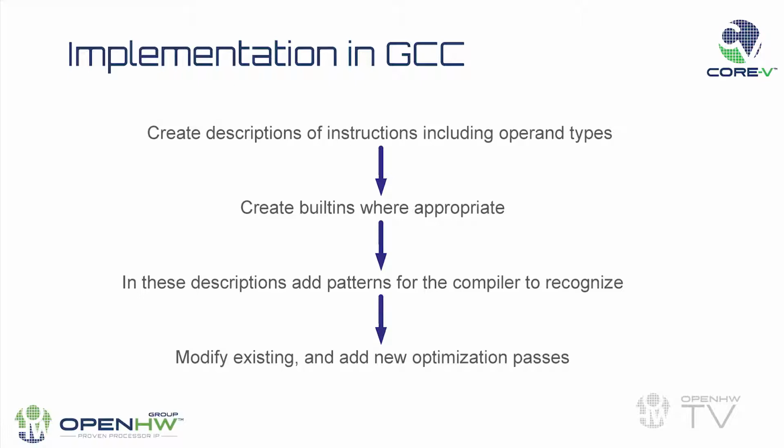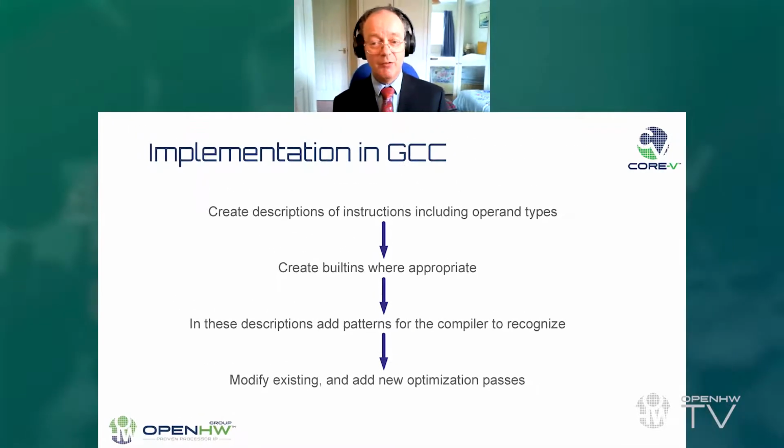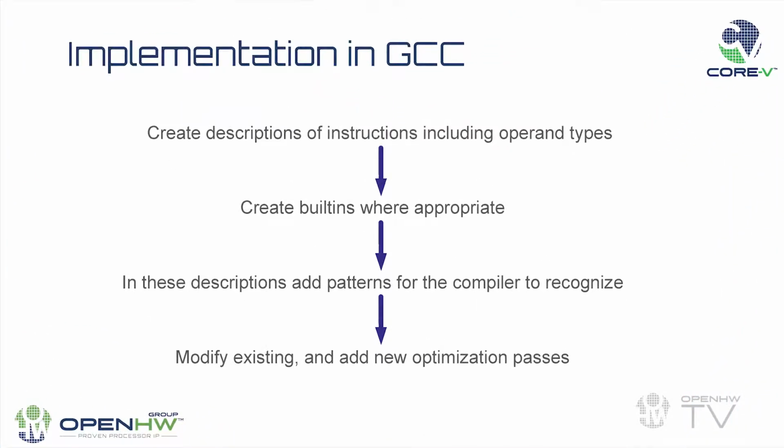Finally, modifying existing optimization passes to use the custom instruction and adding new passes as appropriate. The first 2 of these steps are fairly routine, and we can provide guidance that will allow an experienced general engineer to get started with this work. However, when we get to automated code generation, and even more with code optimization, then specialist compiler expertise is needed.